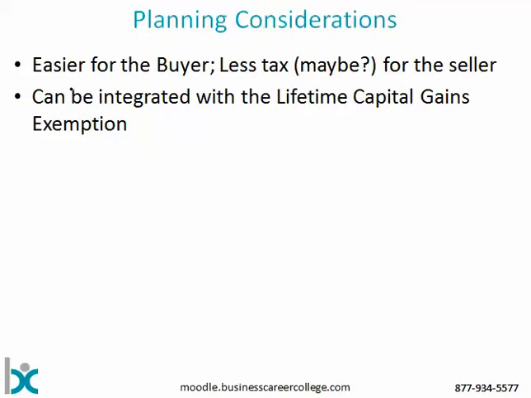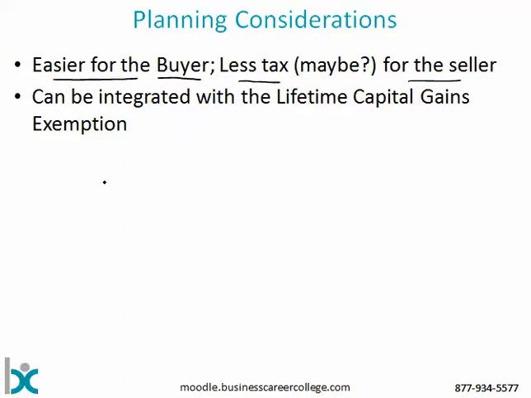The government encourages us to buy and sell businesses this way. The problem for the seller is potentially lots of tax, so we can knock that tax burden down. The problem for the buyer is coming up with the cash, so we're going to make it easier for that person to come up with the cash.